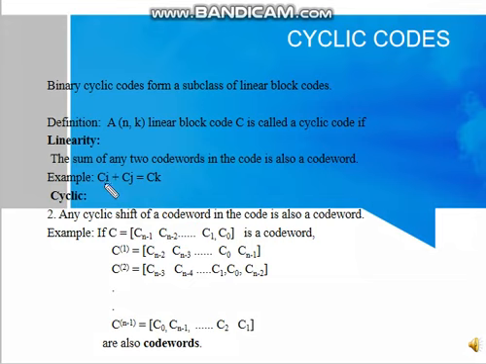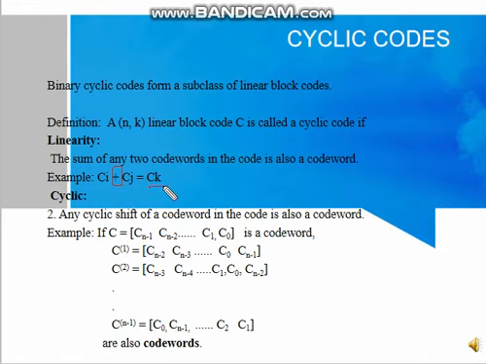say, there are two code words Ci and Cj. So Ci plus Cj will result in another valid code word Ck. Ci is a code word and it performs a modulo 2 operation, or the exclusive OR operation, with Cj.